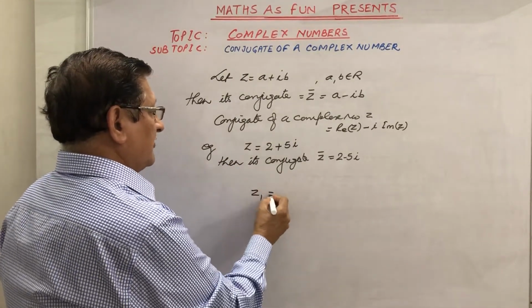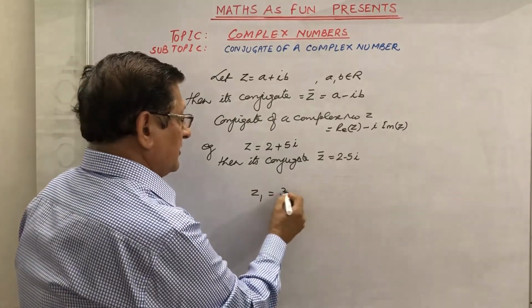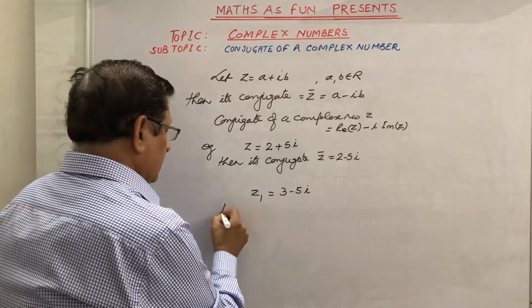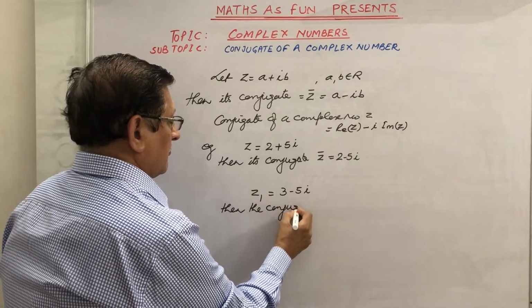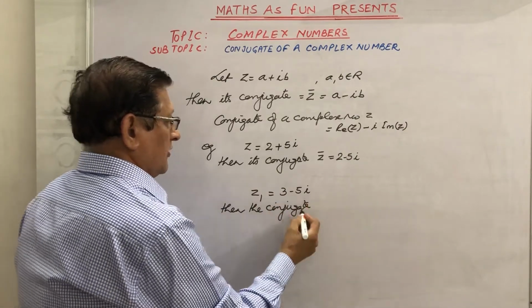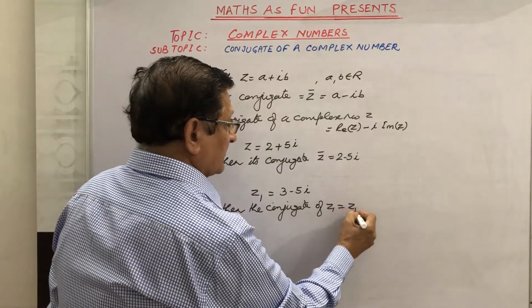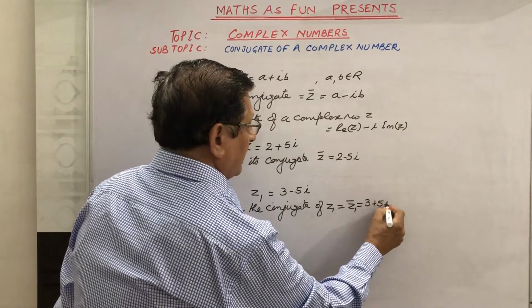Suppose you have been given z1, and that is 3 minus 5 iota. Then the conjugate of z1, represented as z1 bar, will be 3 plus 5 iota.